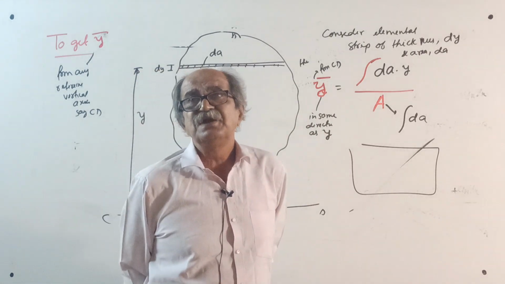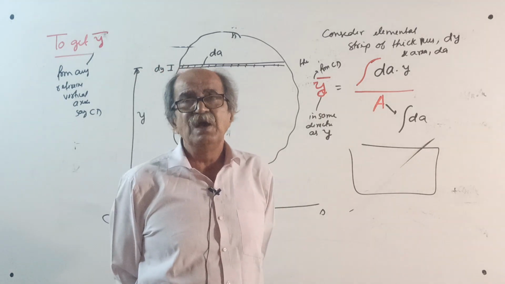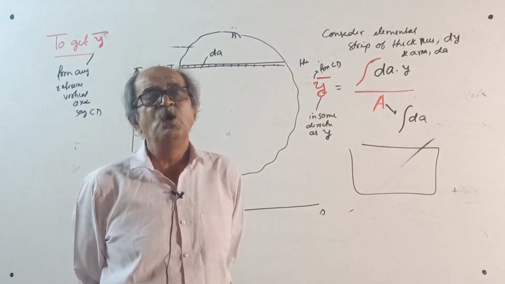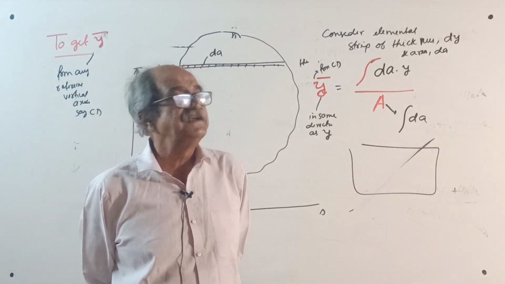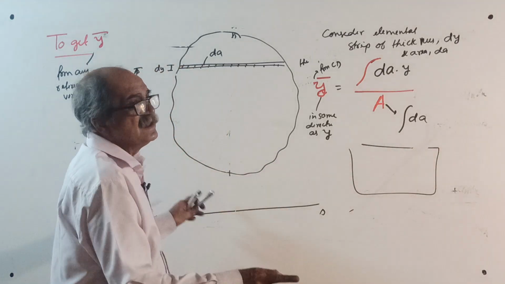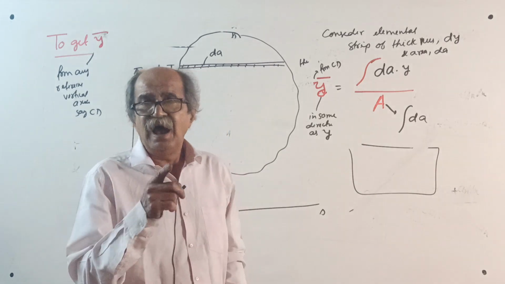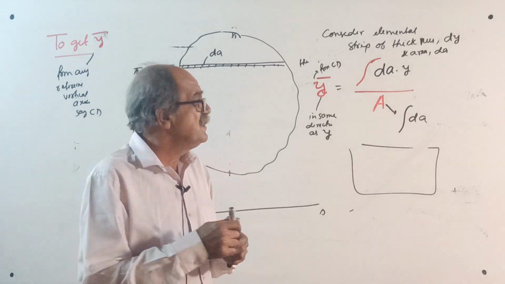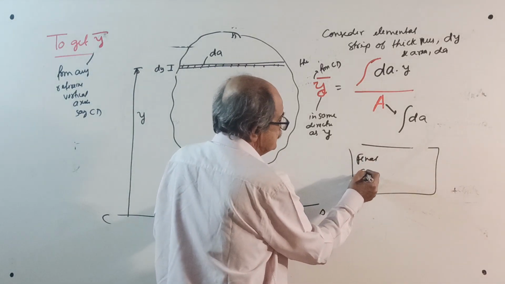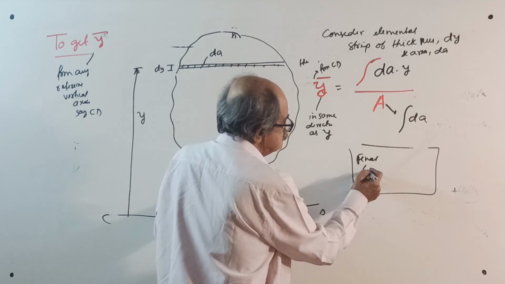Integration of dA into x means dA1 into x1, and so on. That is the meaning of integration. Many people don't know the real meaning of integration. I will not explain again and again in class. If clarification is required, see the final summary of lecture number 2.